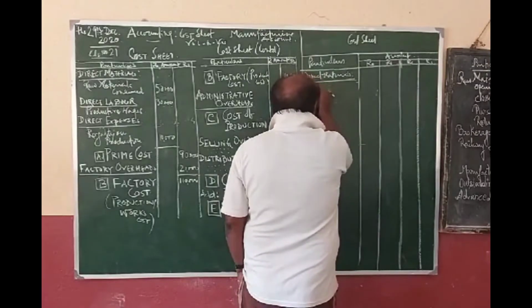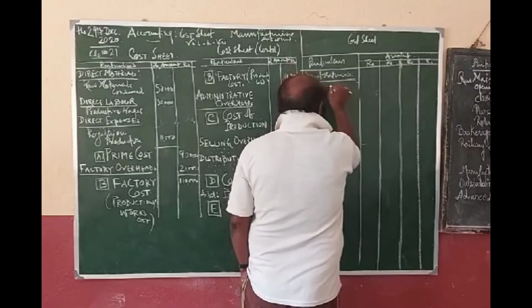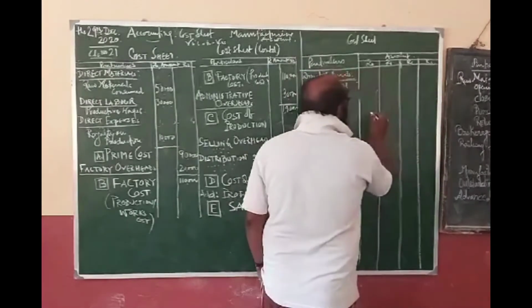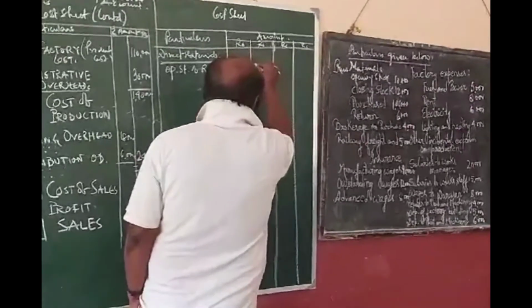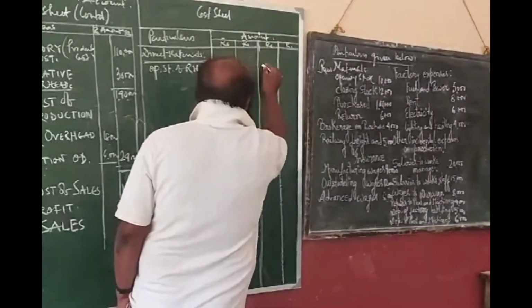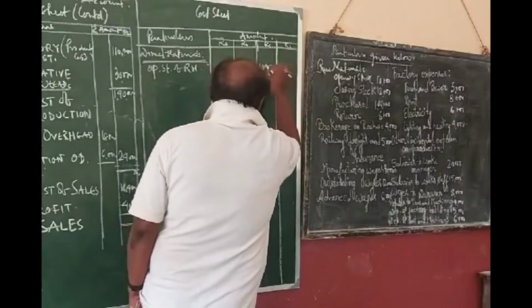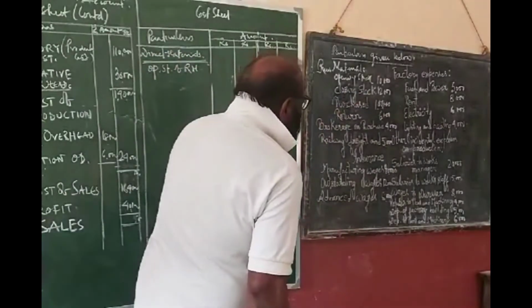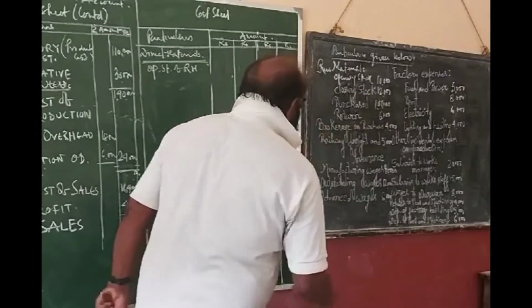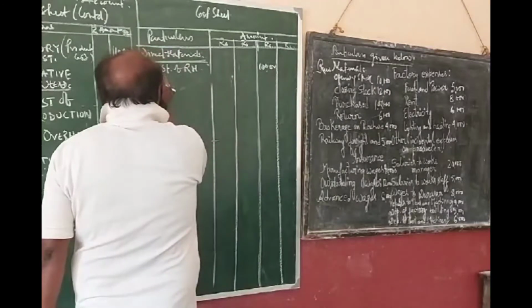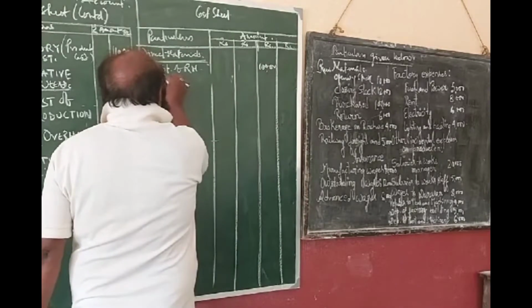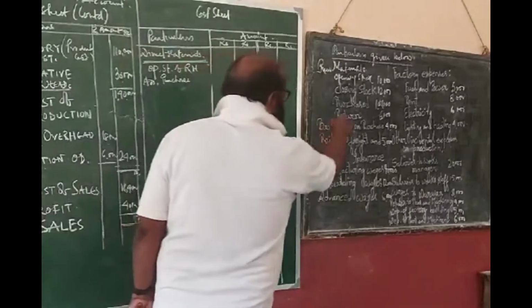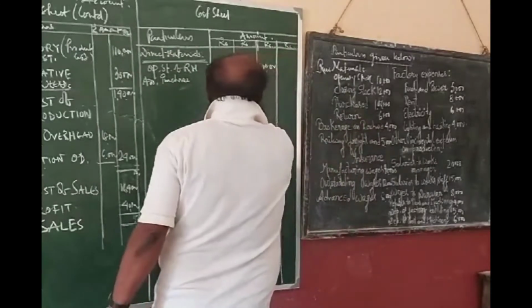Opening stock of raw material, how much is it? It is 10,000. The raw material purchase how much? 1 lakh. Add purchase during the year, 1 lakh.